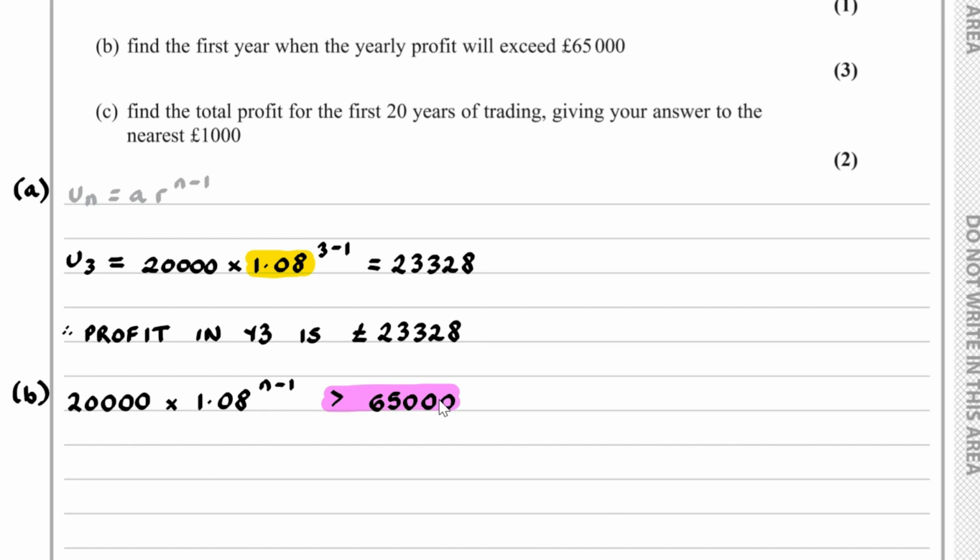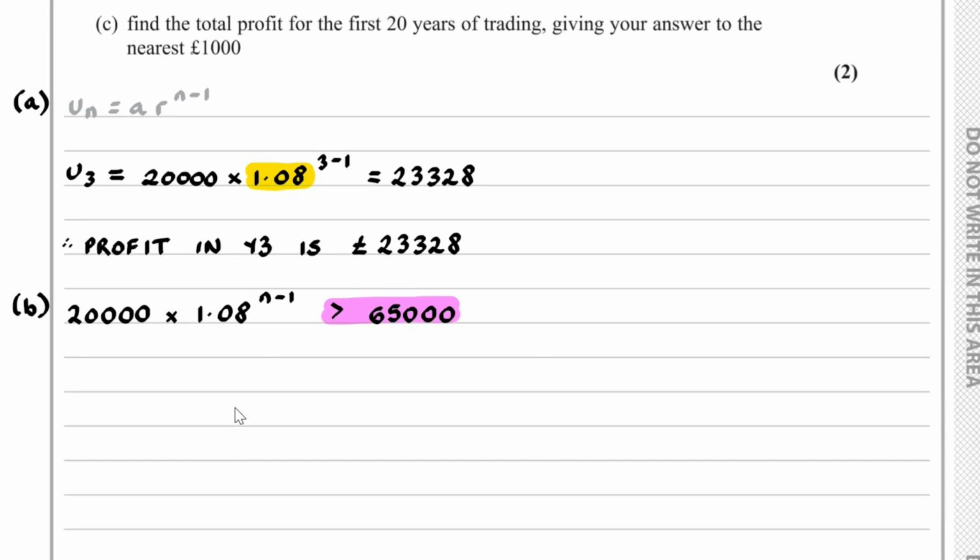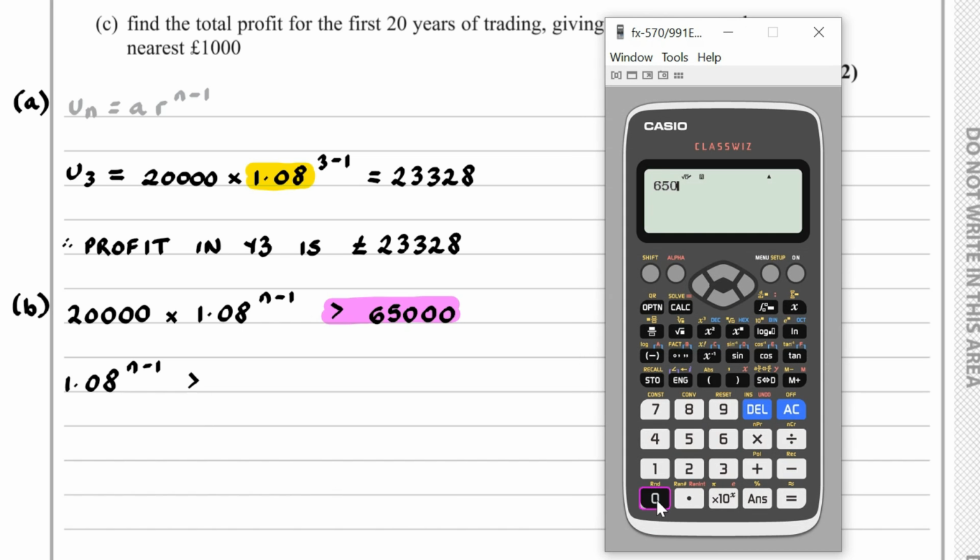So if we find out what n is, well, we've got 1.08 to the power of n minus 1 being greater than we have here 65,000 divided by 20,000, which is 13 over 4, or 3.25.